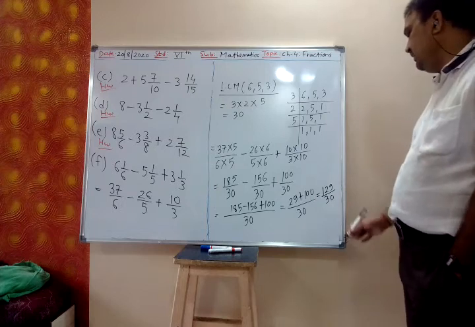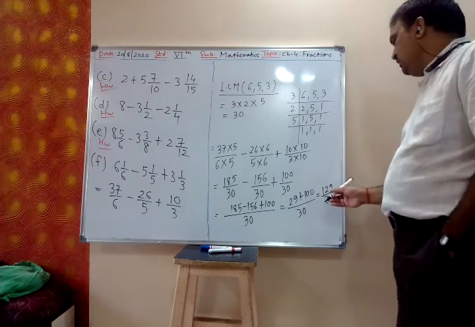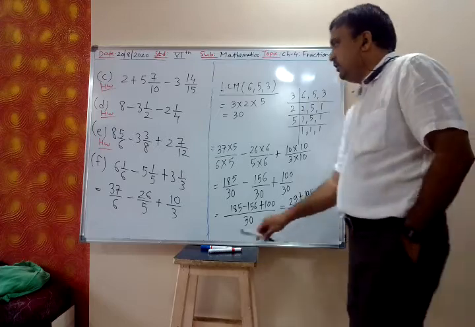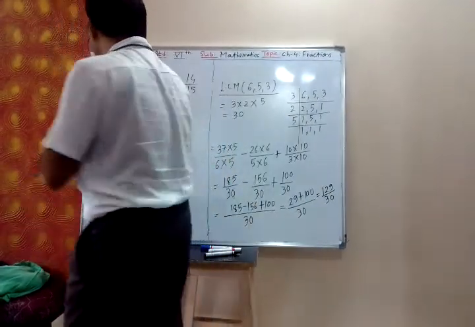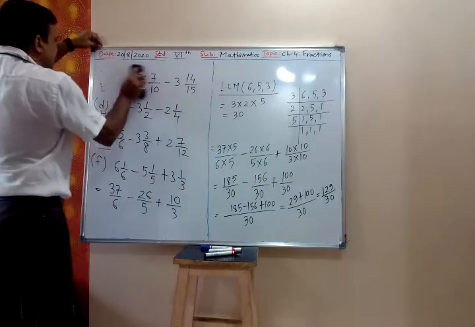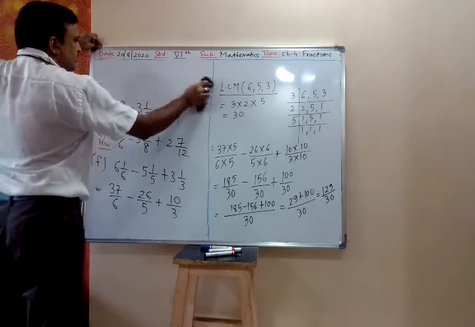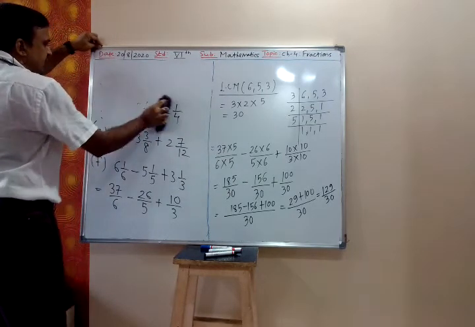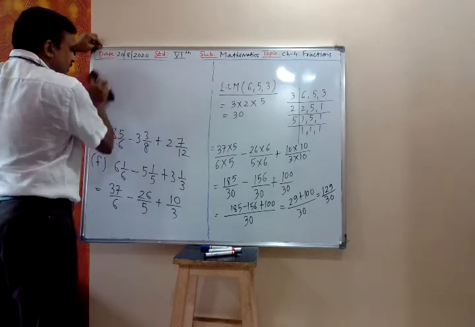129 upon 30. Now this you can simplify. You can reduce it to the lowest terms.